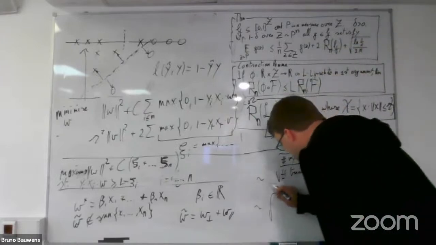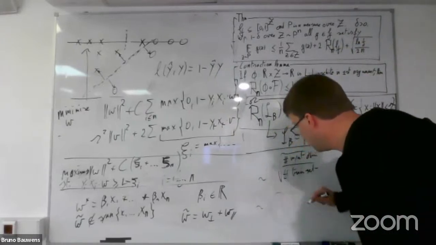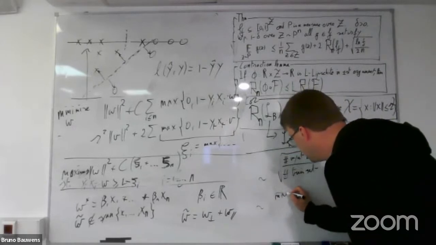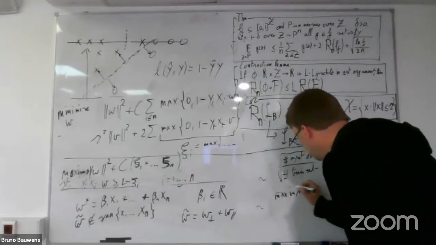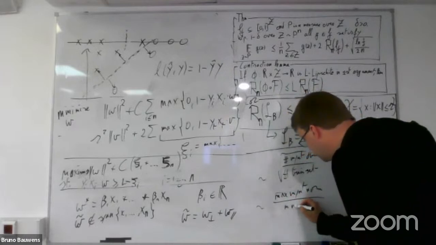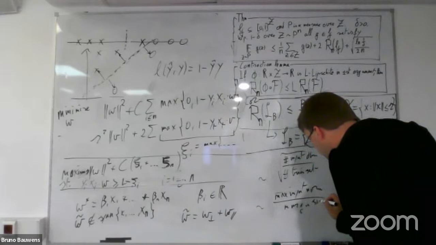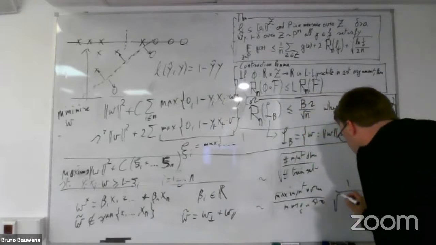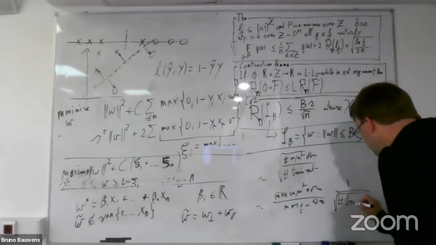And so we will achieve something better. We will have something proportional to the max input norm divided by the margin size, and then 1 over the square root of the size of the training set.